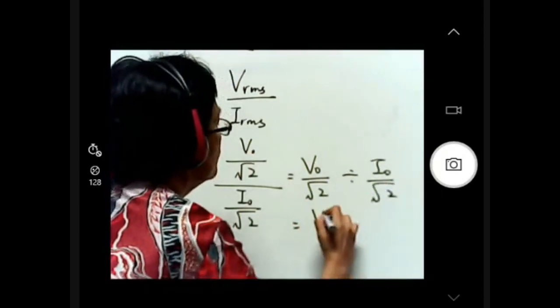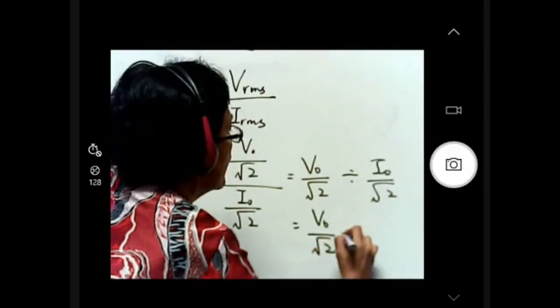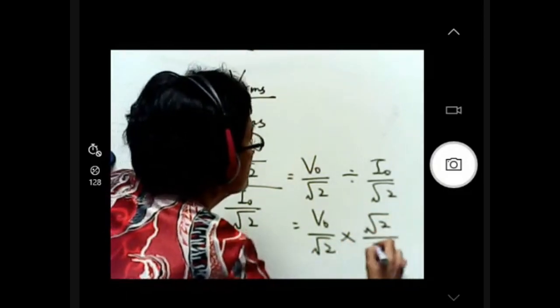So you get V naught over root 2 times root 2 divided by I naught.